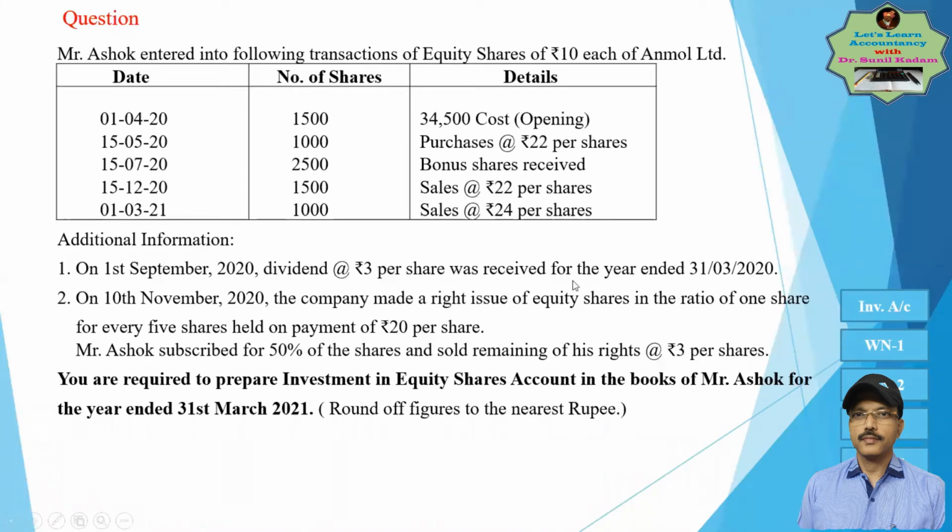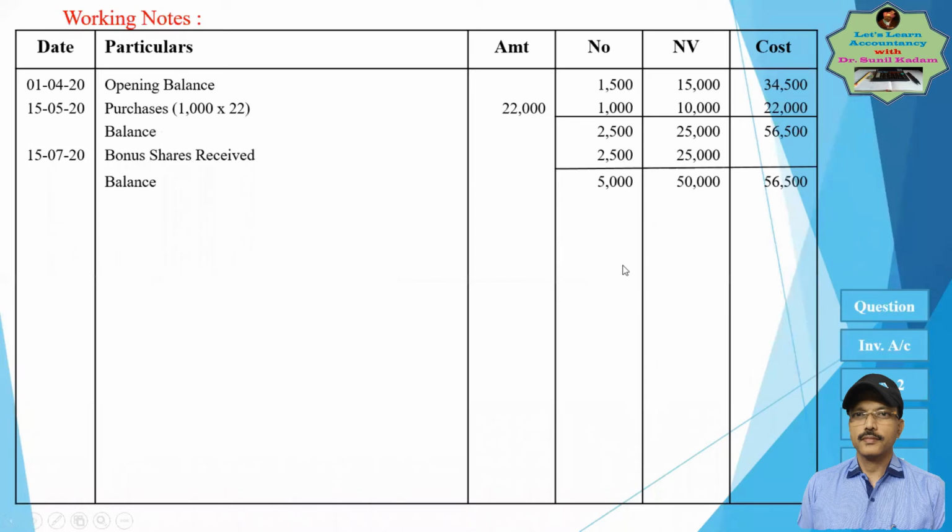Now let's check out in a working note how much balance is available on 15/7. A total of 5,000 shares are available, right? Out of these 5,000, the dividend is paid on the balance of 1st April or 31st March. Whoever had a balance then will be given the dividend at the rate of 3 per share.